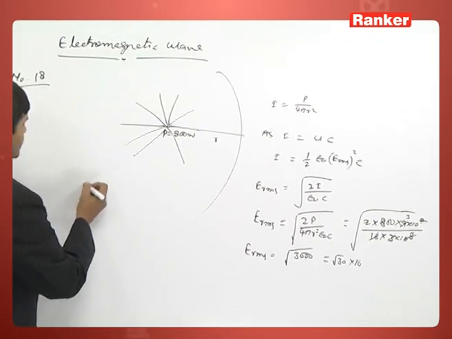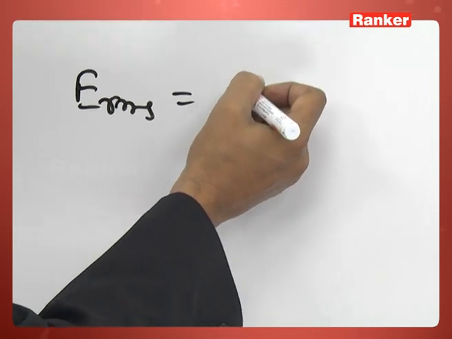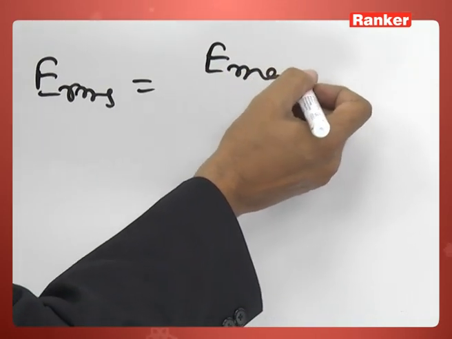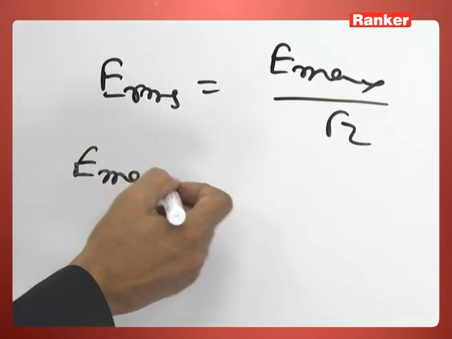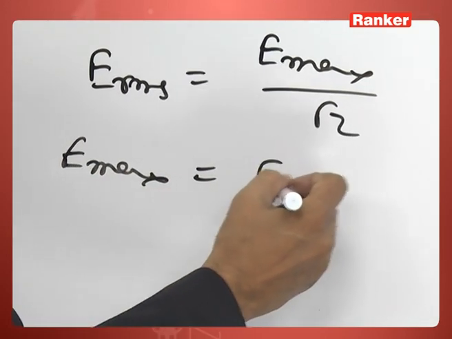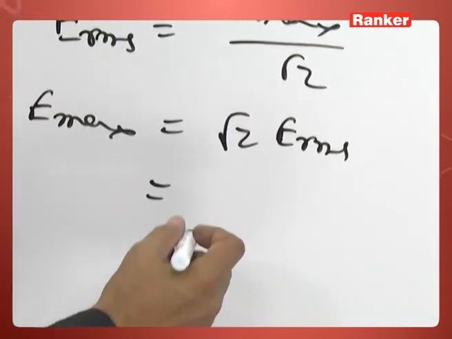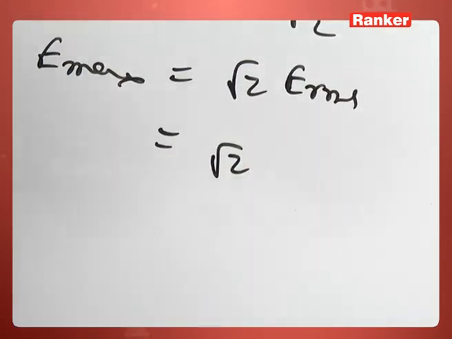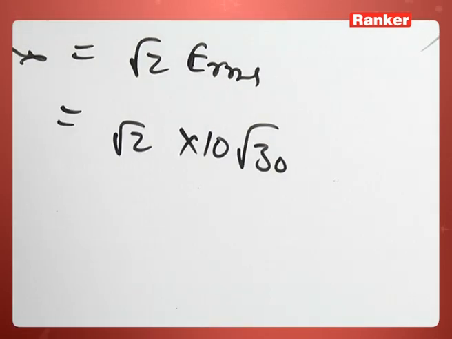Now E RMS is equal to your E maximum by root 2. So E maximum is equal to root 2 times E RMS. The root 2 value is root 2 and E RMS is 10 root 30.